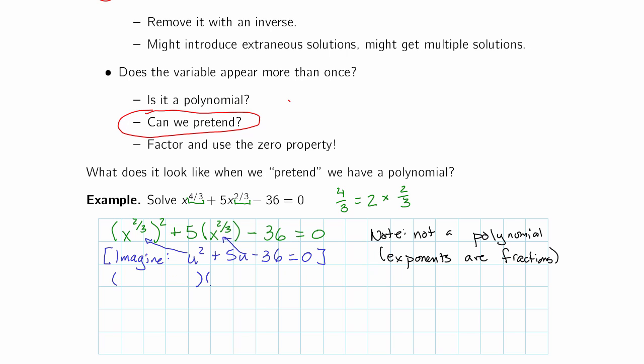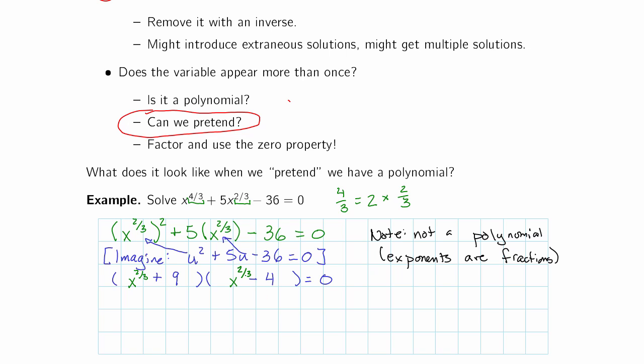Its leading coefficient is 1, so we can use the shortcut. Two numbers whose product is -36 and whose sum is +5. That's +9 and -4. But then instead of u, which is just a variable that we made up, we actually want to say x to the 2/3, which is what we actually have in our equation.